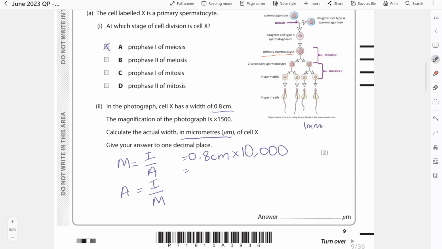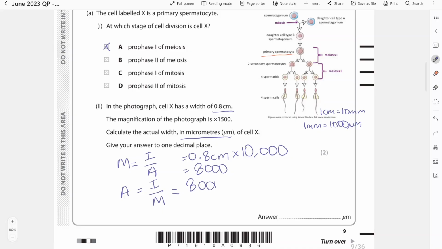1 millimeter equals 1,000 micrometers, and we know that 1 centimeter equals 10 millimeters. That's why I'm timesing it by 10,000. So 0.8 times 10,000 gives us 8,000. Now we can plug it into this expression here.